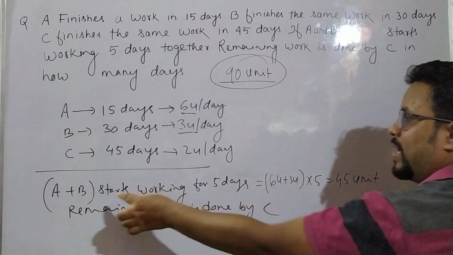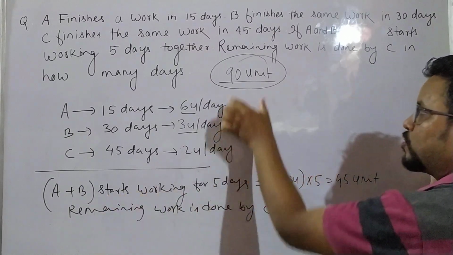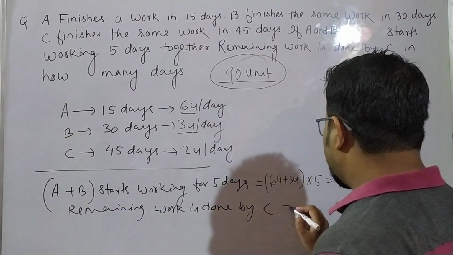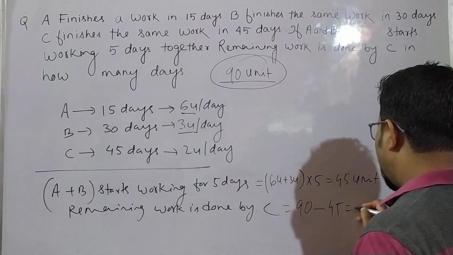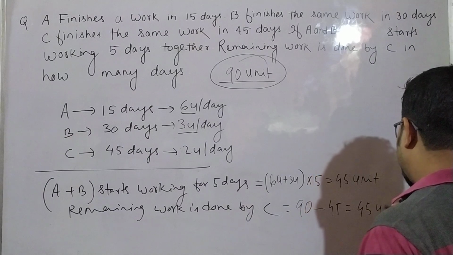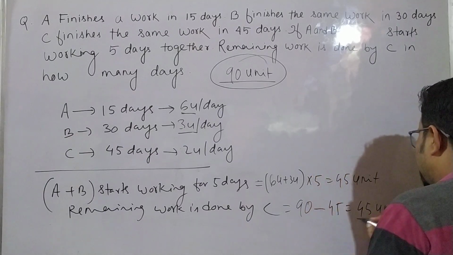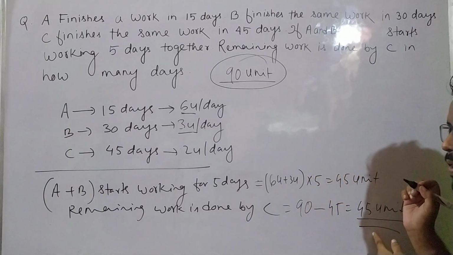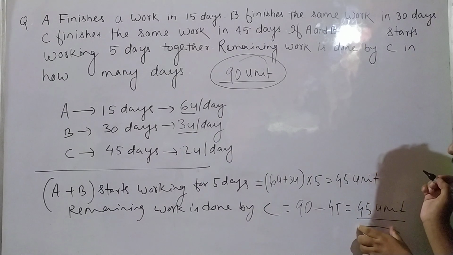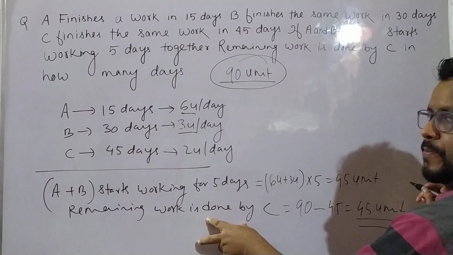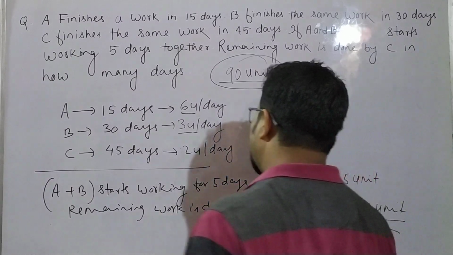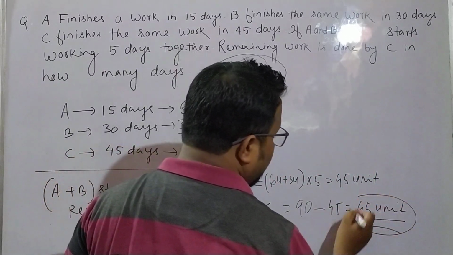So the remaining is 90 minus 45, which is 45 units. This remaining 45 units will be done by C.